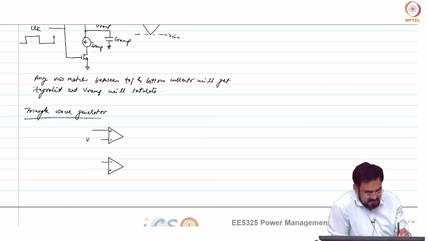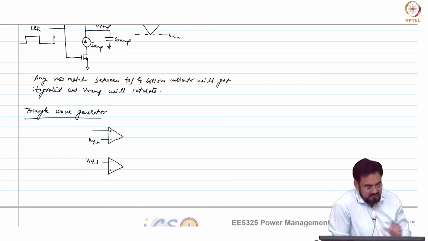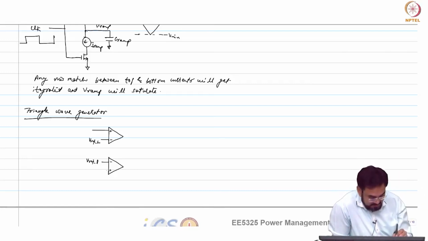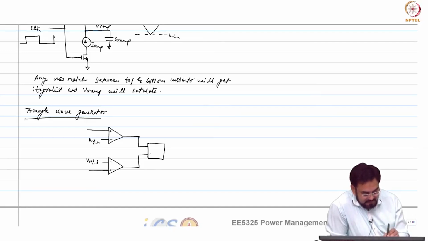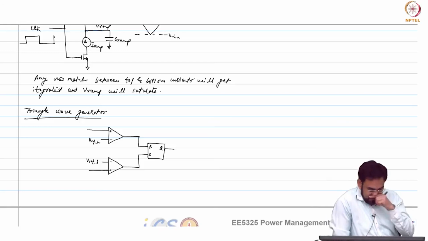If this is, let's say, Vref H and Vref L, the lower threshold and upper threshold. So when this goes below, set reset, let's see.